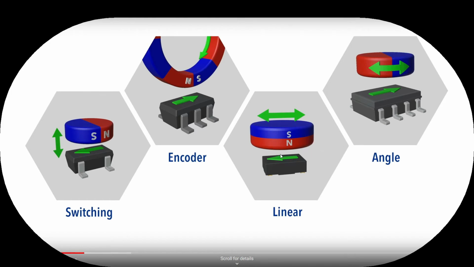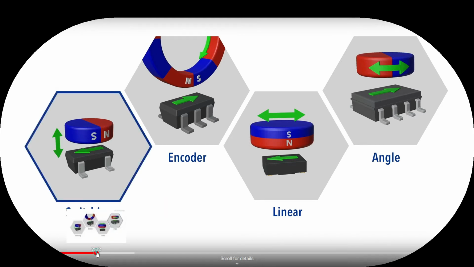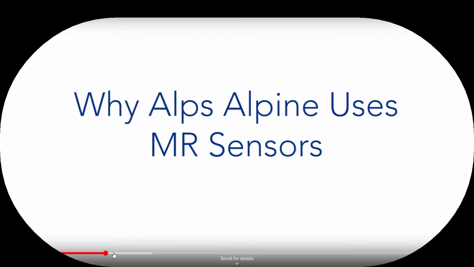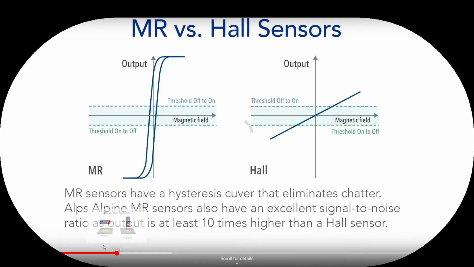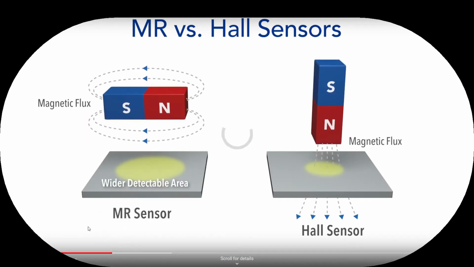You will measure the linear movement, how much concentration of the magnetic field comes near to the sensor, or how far it was from the sensor. Angle also: changing the angle polarities all affects the angle of the magnetic field. This magnetic sensor has advantages over the Hall effect.